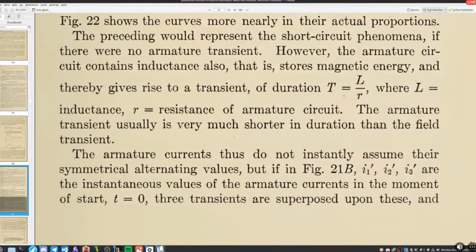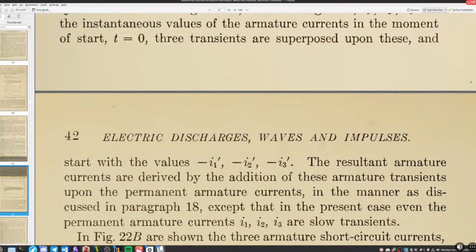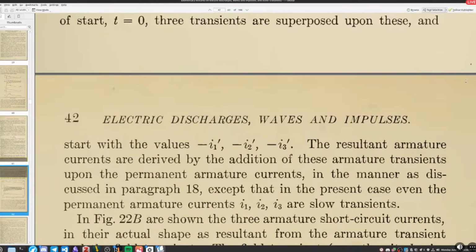The armature currents thus do not instantly assume their symmetrical alternating values, but if in figure 21b, I1 prime, I2 prime, I3 prime are the instantaneous values of the armature currents at the moment of start, T equals 0, the three transients are superposed upon these and start with the values negative I1 prime, negative I2 prime, negative I3 prime.